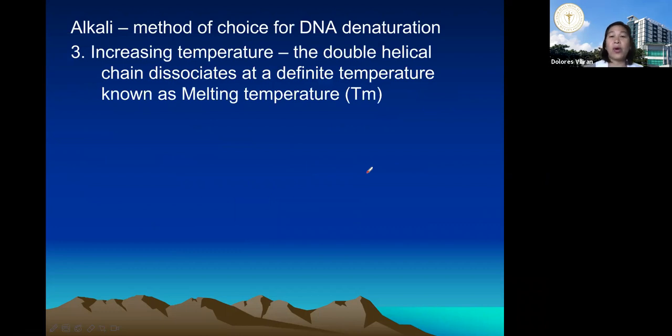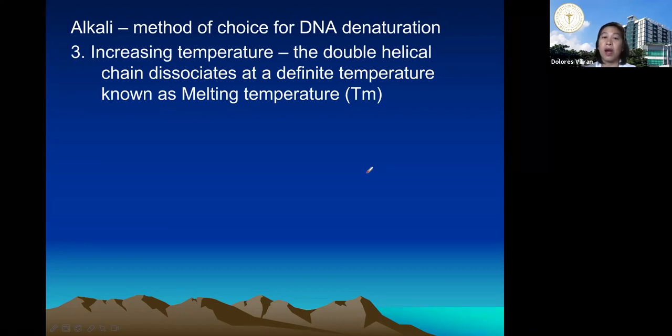The method of choice for DNA denaturation in the lab is actually alkali. Okay? With alkali, such as sodium hydroxide, the OH group can interact with the hydrogen in the double-stranded DNA. That's how you disrupt the hydrogen bonds, making the double-stranded DNA single-stranded. Aside from alkali, another factor that can cause separation of double-stranded DNA is increasing temperature, okay?